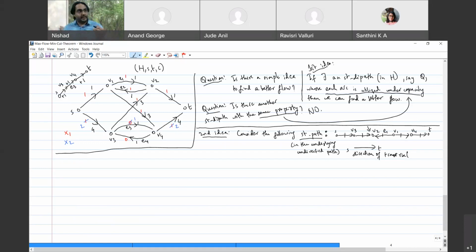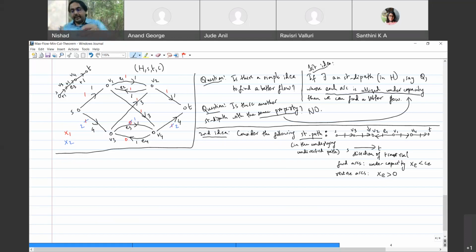So what we want is that all the forward arcs are under capacity, which basically means that the x value is strictly less than the capacity, and all the reverse arcs, there is only one reverse arc in this situation, have x_e greater than 0.